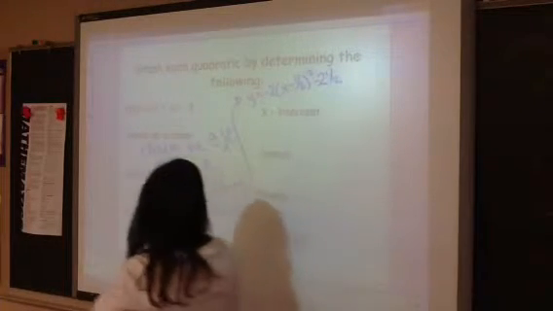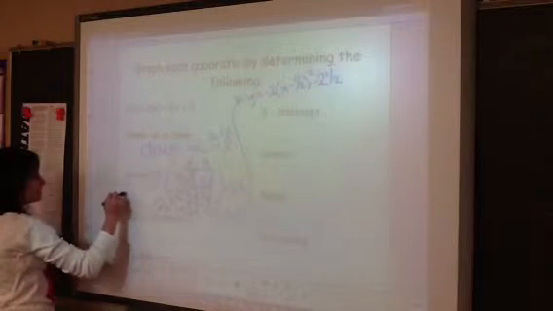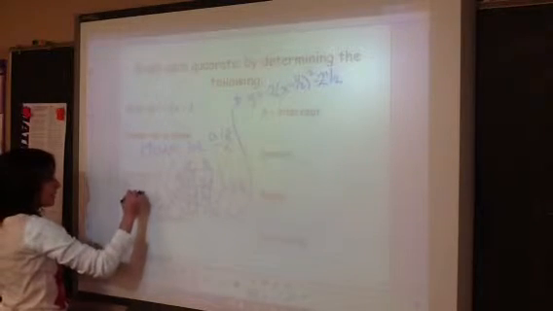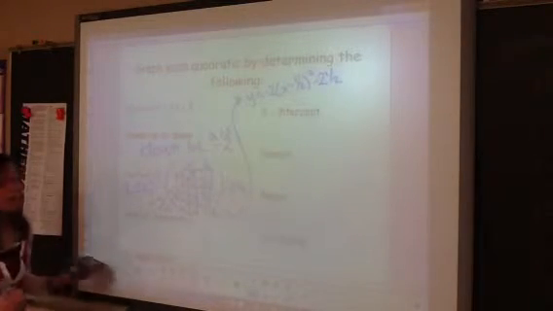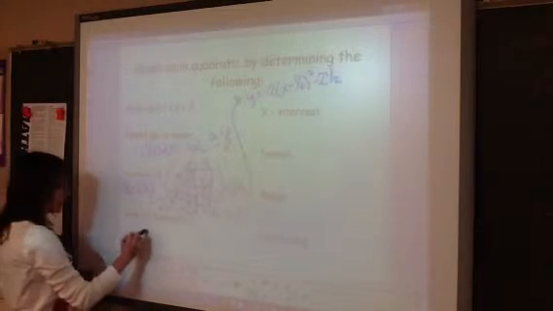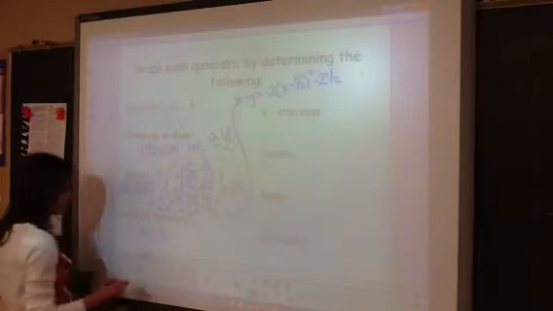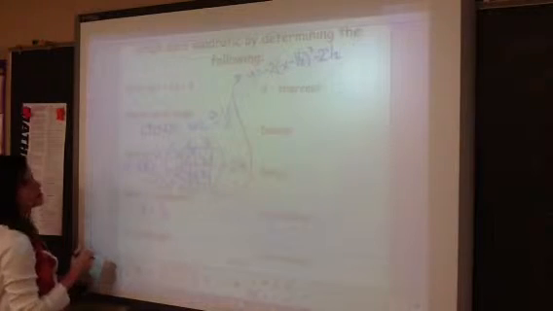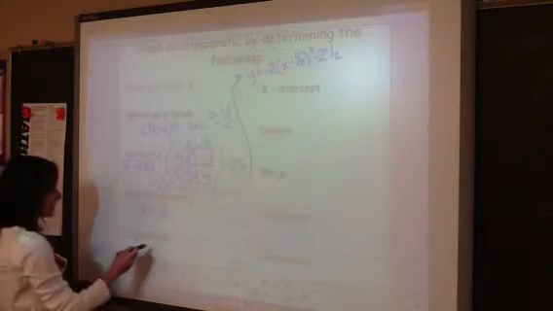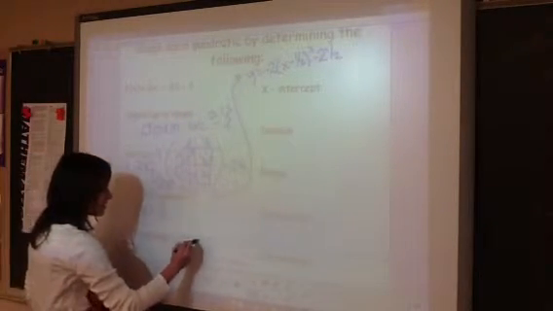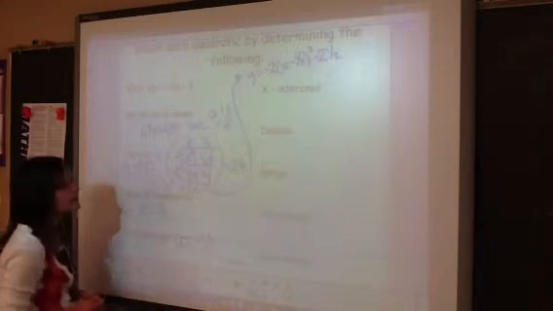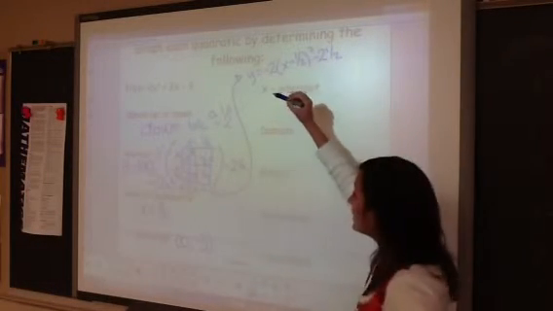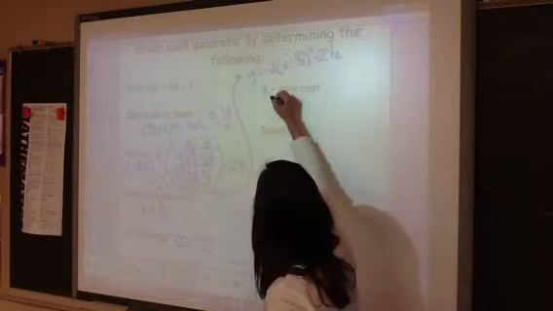So your vertex is a positive half and negative 2 and a half. Your axis of symmetry is your x value, so x equals a half. Your y-intercept, plug in 0 for x and you get negative 3. So 0, negative 3.